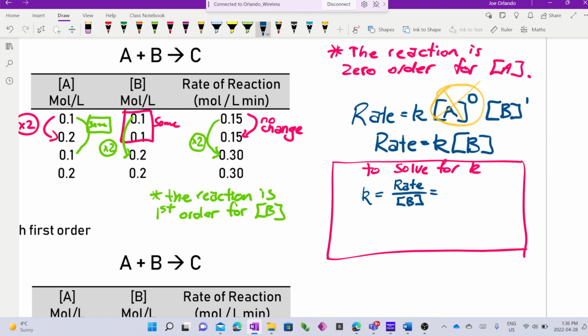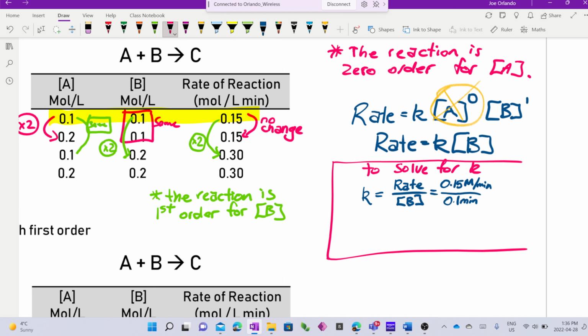We could use A. So it would be 0.15 molar per minute over 0.1 molar. And that, if I'm not mistaken, should be 1.5. And it would be minute to the negative 1.